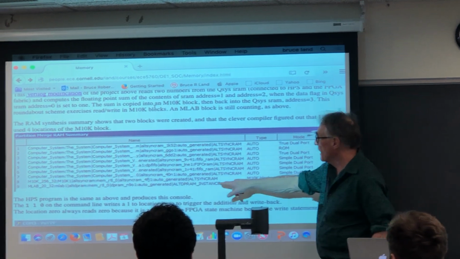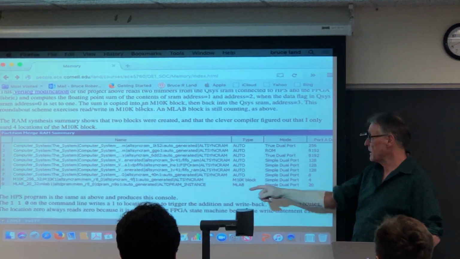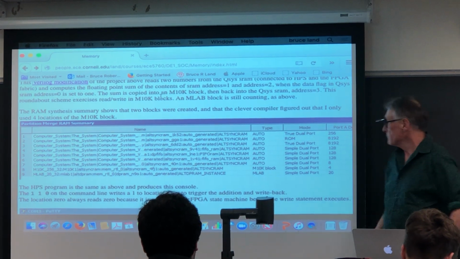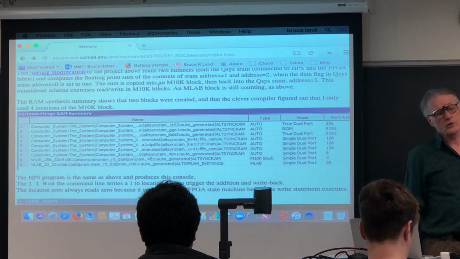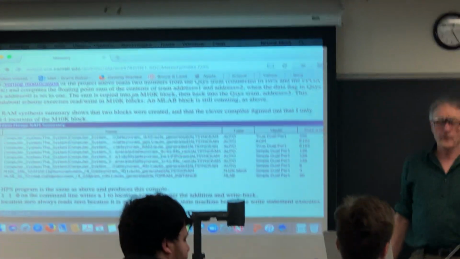And the M10K block, which I forced to be an M10K block, is indicated as an M10K block. So if you have any doubts about what the system actually built, you should be able to find it here on the fitter summary.